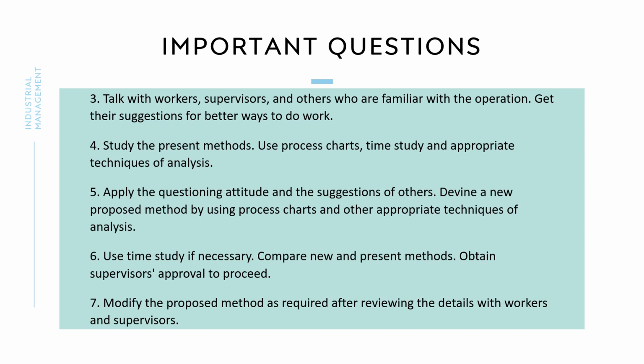Devise a new proposed method by using process charts and other appropriate techniques of analysis. 6. Use time study if necessary. Compare new and present methods. Obtain supervisor's approval to proceed. 7. Modify the proposed method as required after reviewing the details with workers and supervisors. 8.